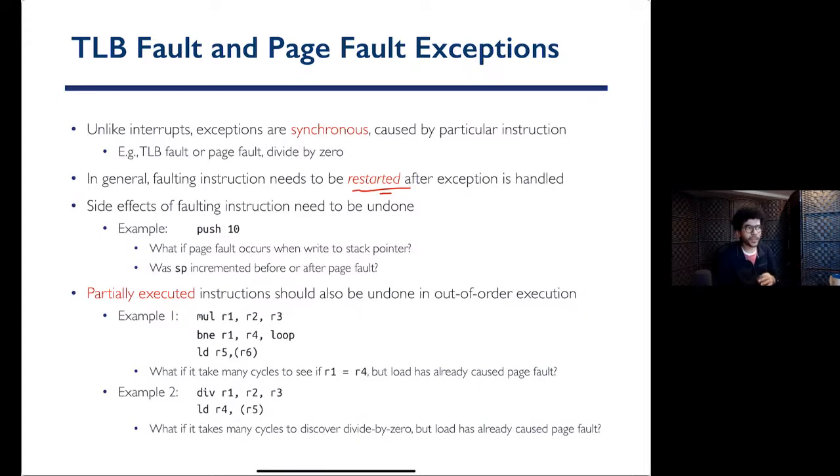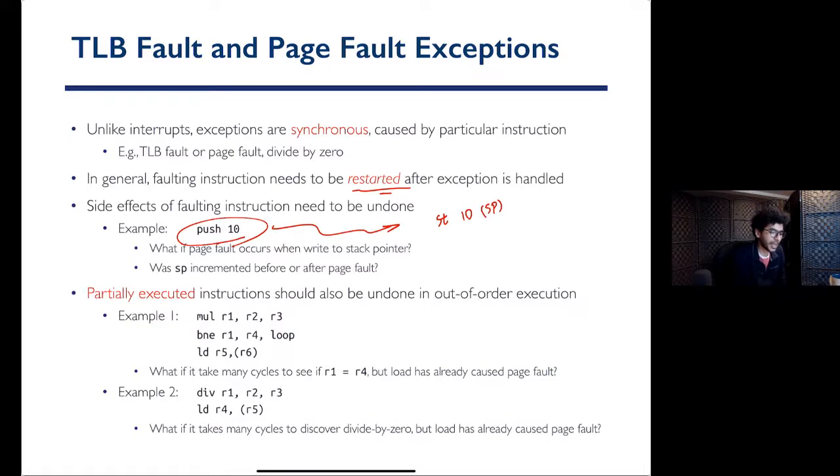It becomes a little bit tricky if instructions have side effects or if you execute instructions out of order. Here I have 3 examples. The first example is push. If you have a push instruction, how is it really implemented? This basically is a store of this 10 to SP, wherever SP is.